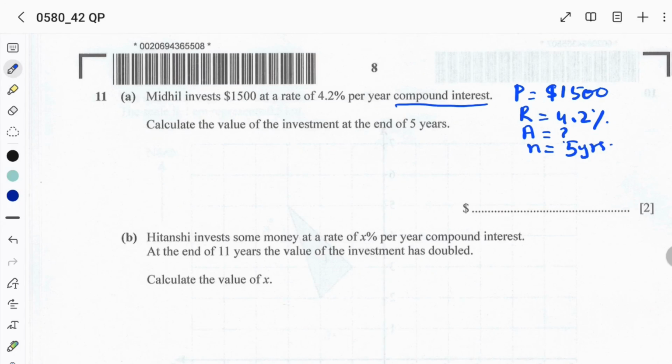Alright, so here amount is equal to P times 1 plus R over 100 to the power n. Everything is easy here.